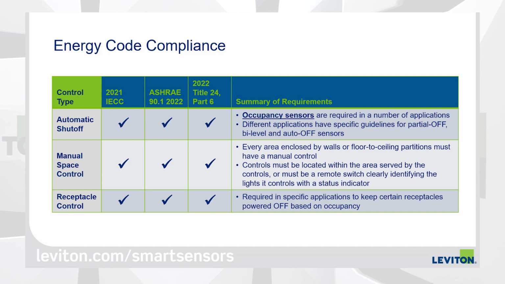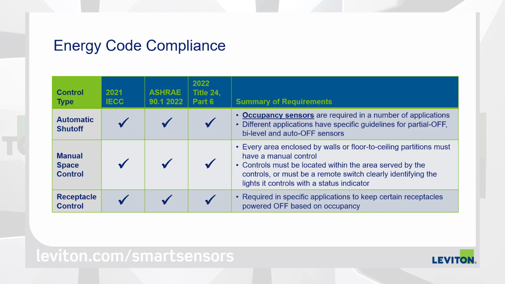In every area enclosed by walls with floor-to-ceiling partitions, there must be manual control. And keep in mind, again, as I stated, controls must be located within the area served, or must be a remote switch clearly identifying the lights it controls with the status control.